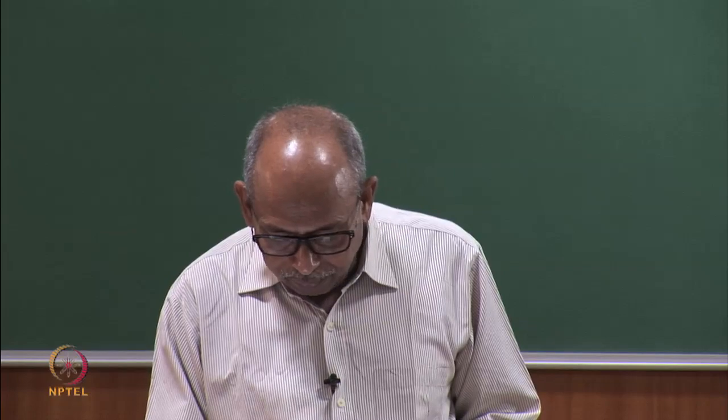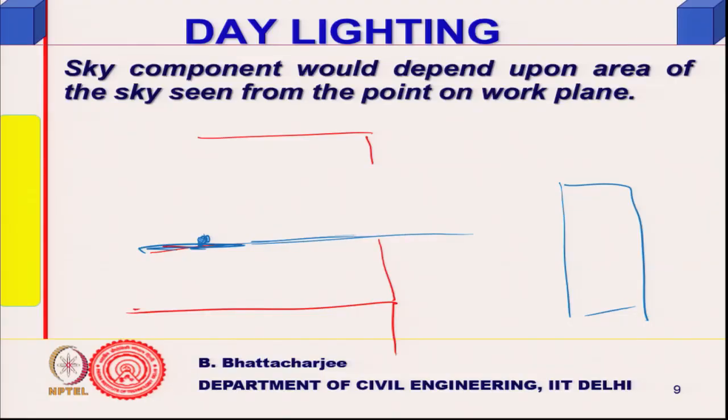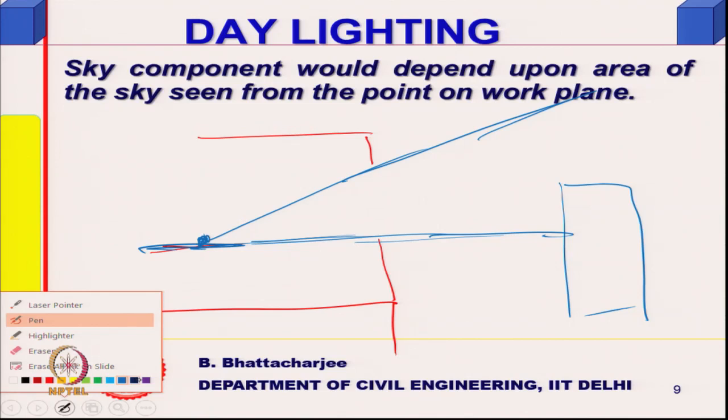So, what will happen? First of all, from this point the light will come from this zone, that is the sky component, and this portion will be the externally reflected component.